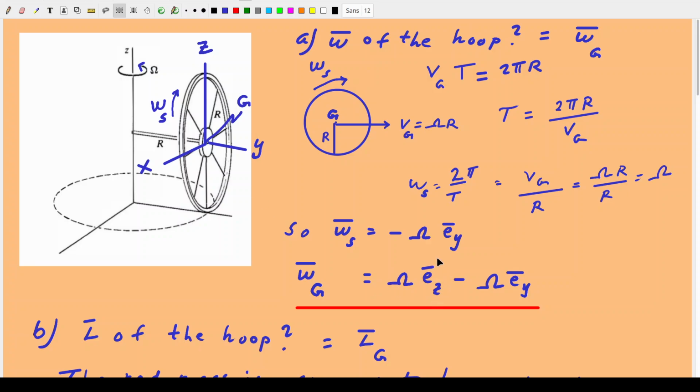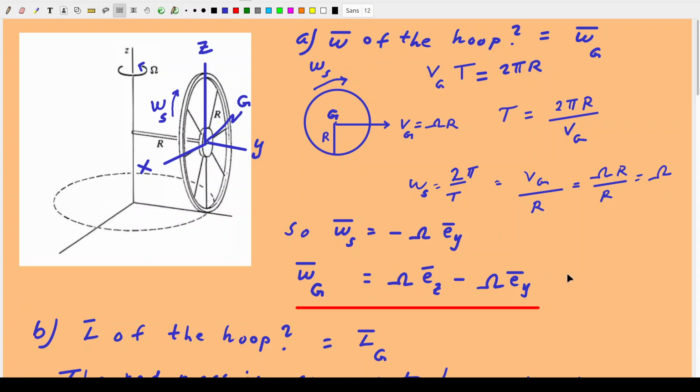And that is this part here, omega times e_z, the unit basis vector in the z direction. However, when that wheel is rotating in this direction, the right-hand screw rule will point that vector in the opposite direction than y. So that's why you have a negative sign here.